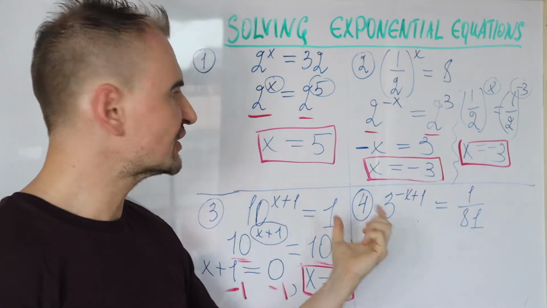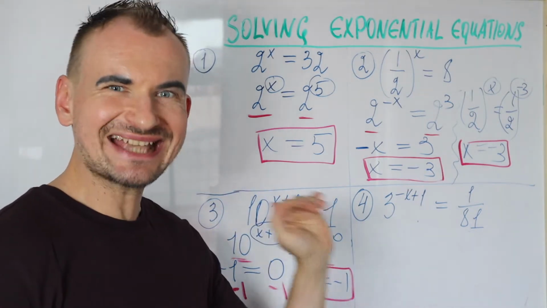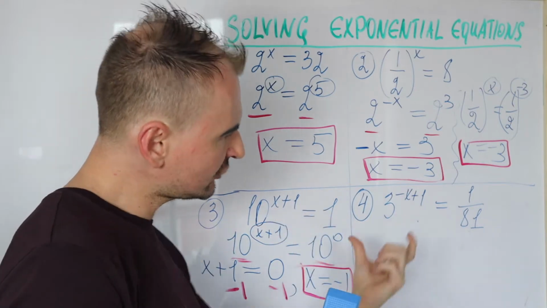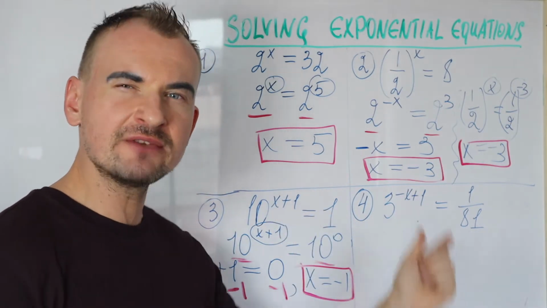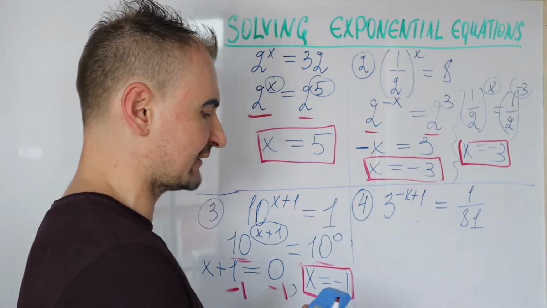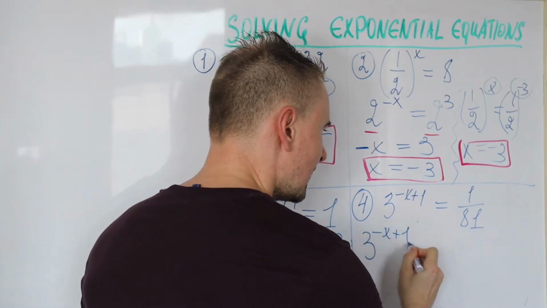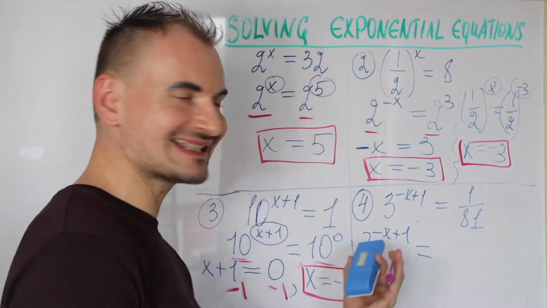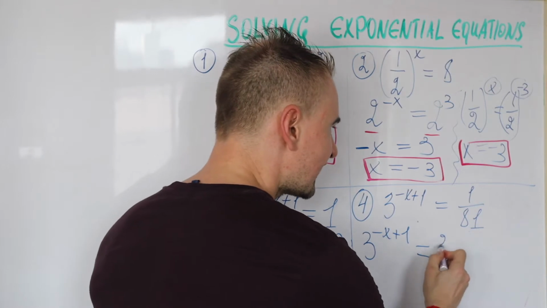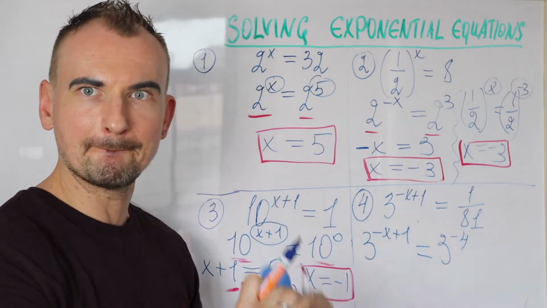By inspection, 3 to the 4th power is 81. But you are not given 81, you are given 1 over 81, the reciprocal, the inverted version. So rewrite your left side as is, but instead of this fraction, I'm going to write 3 to the -4.